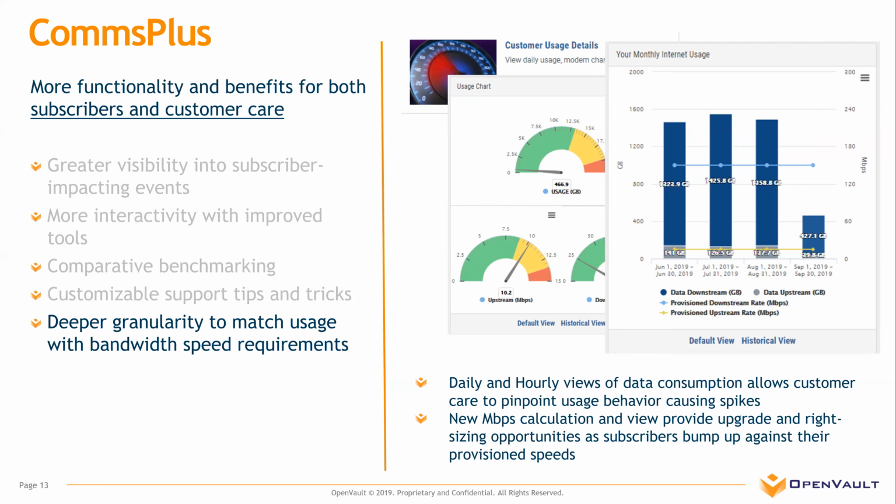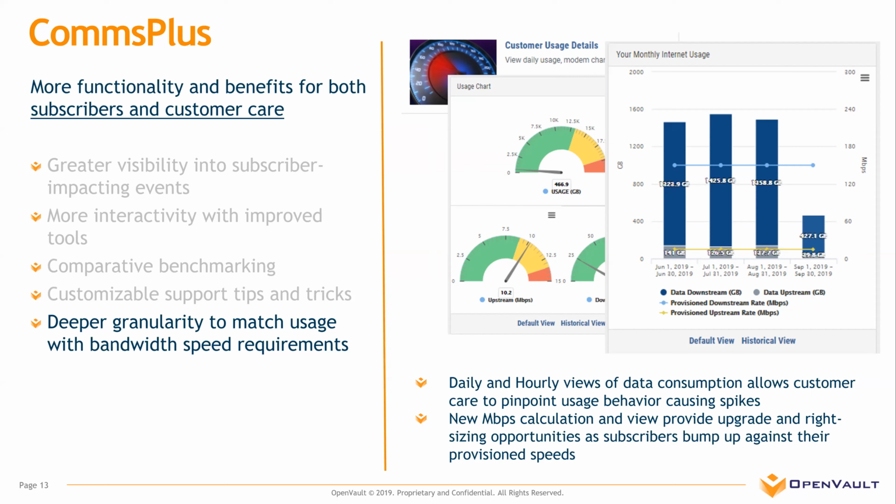The other important component of this is that the shorter the time period that we can report on, the more accurate we can get with the actual average megabits per second used by each subscriber. And why is that important? Because what we have found is that many subscribers are provisioned on the wrong plan, and there's huge upgrade opportunity and money being left on the table every month by our customers. It's not just the power users that may benefit from an upgrade.